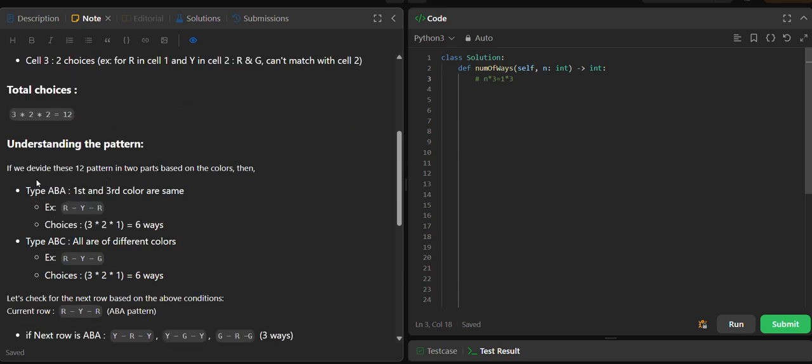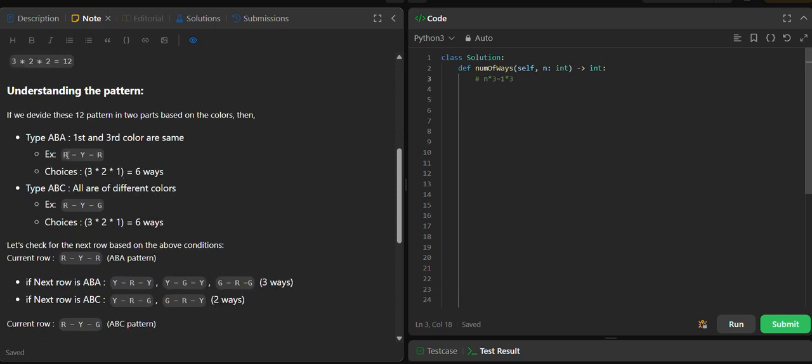Now let's understand the pattern of the coloring process. If we divide this 12 into two parts, 6 plus 6, how will it look? First is type ABA. That means the first and the third cell have the same color. For example, if cell 1 and cell 3 are red, then cell 2 will be yellow.